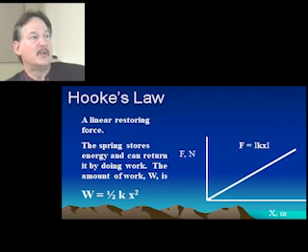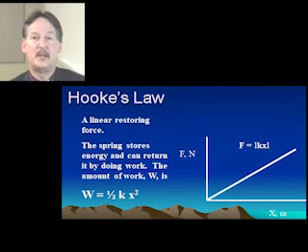So the amount of work needed to change the spring from x0 to x is given by the difference in work from where you start to where you finish. And that represents the amount of energy stored in that spring as a result of that change in its extension.